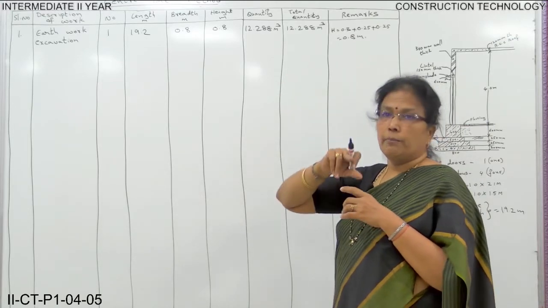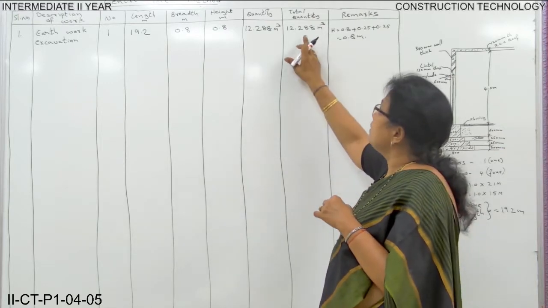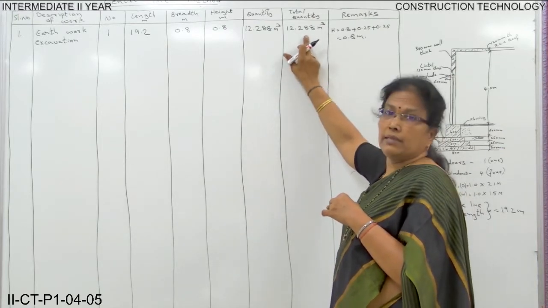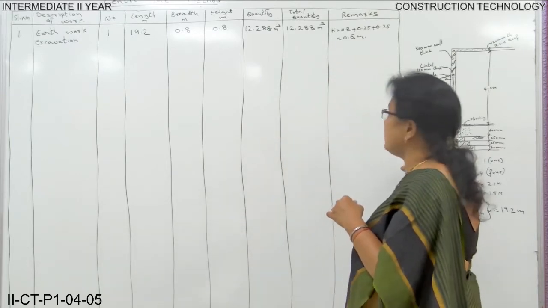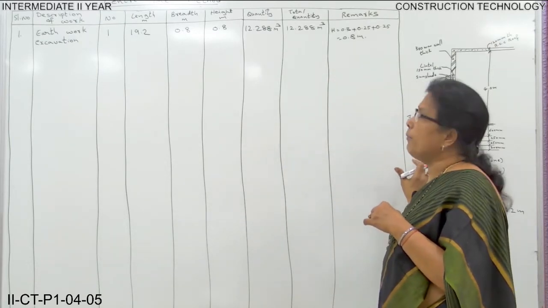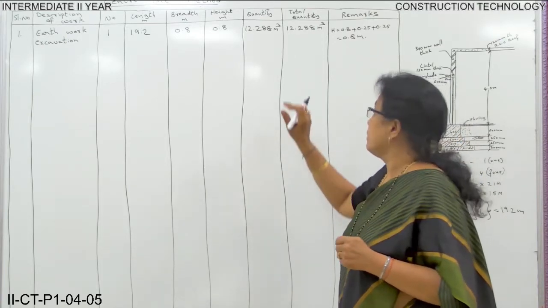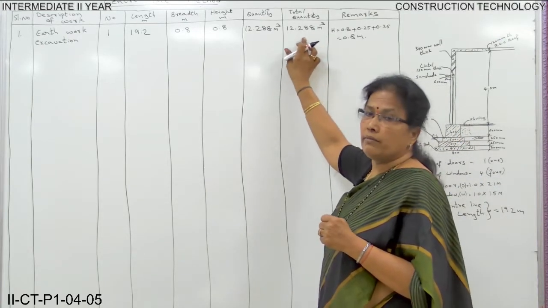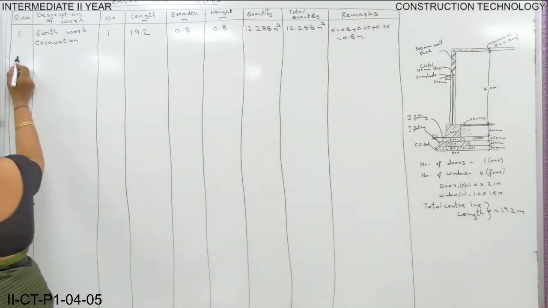Compare the quantities; the final quantity in that method and in this center line method will be the same. To show that, I have taken the same drawing for the long wall, short wall and the center line method. So the value is the same. Now next, that is CC bed.